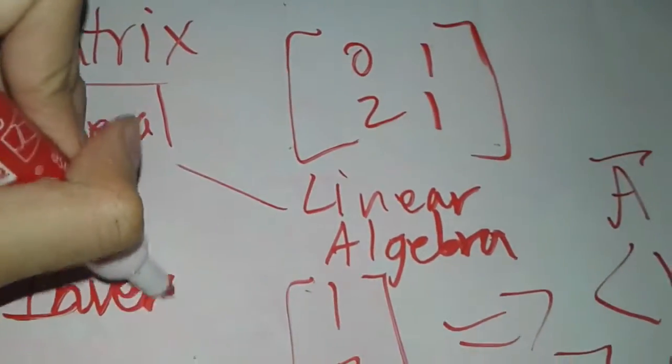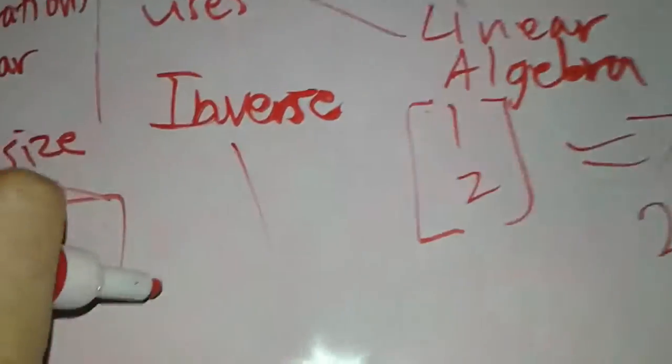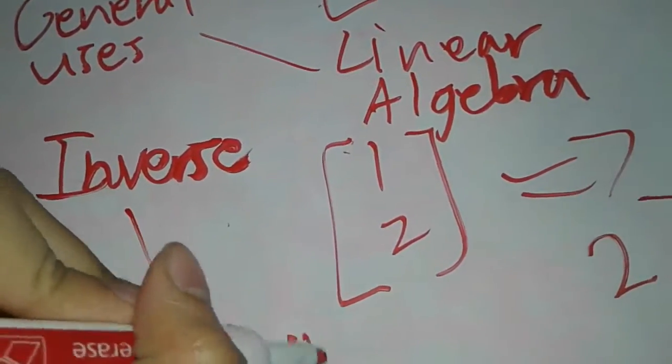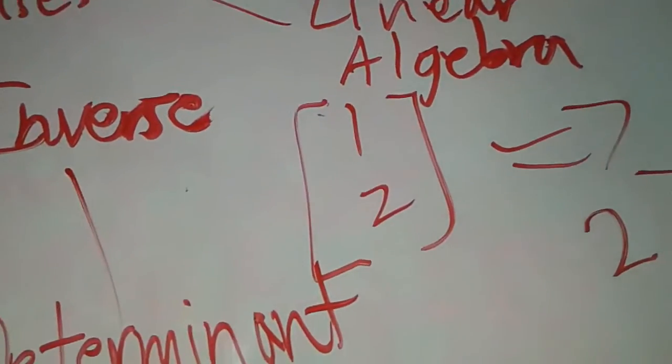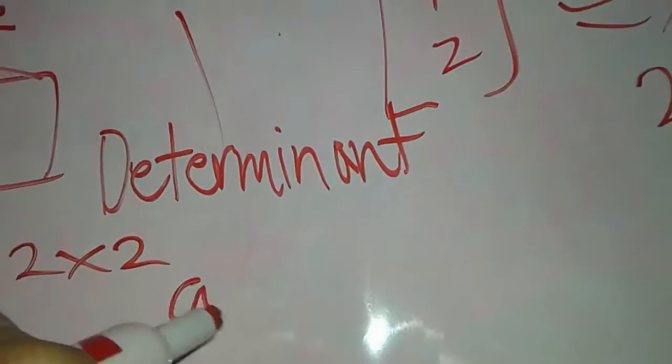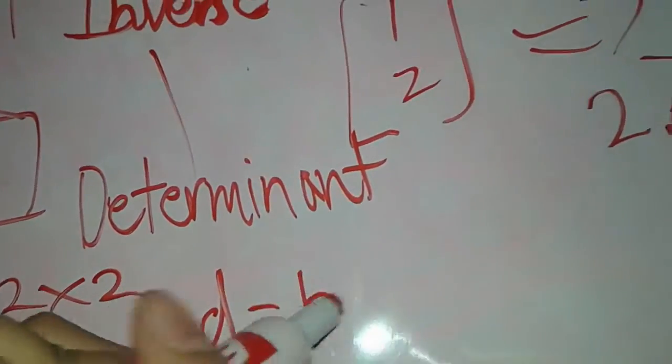So as for a matrix, it has an inverse. And I know it has to deal with a determinant. Or maybe there's more than one way to find the inverse of a matrix. And I know when you're dealing with a 2 times 2 matrix, it's AD minus BC.